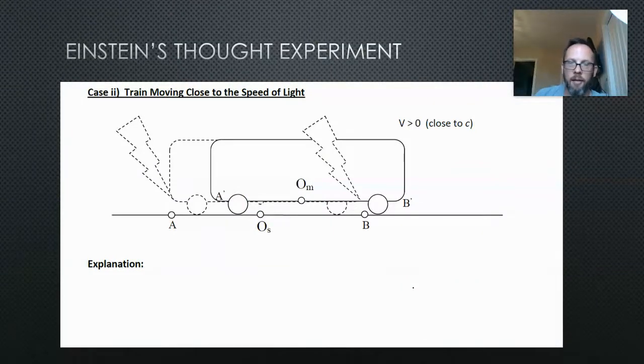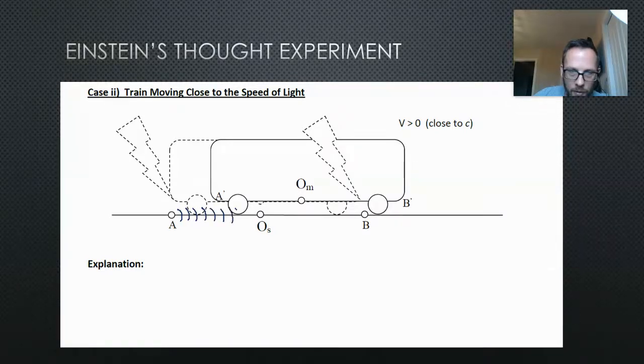So in the second case, the train's moving close to the speed of light. The following would hold for the train traveling at any speed, but we're going to have it moving close to the speed of light, so the observers can see something drastically different. So let's first think about the stationary observer. I'm going to use my old dark blue color for that.